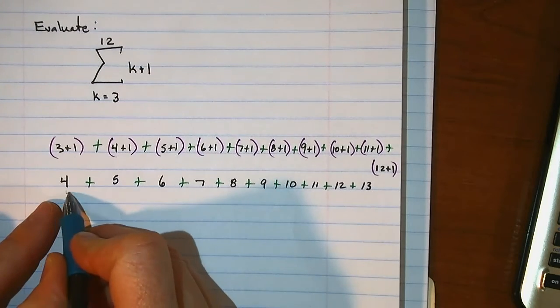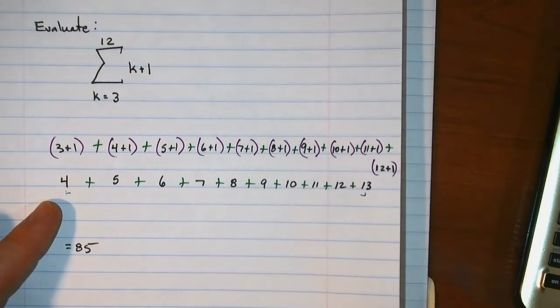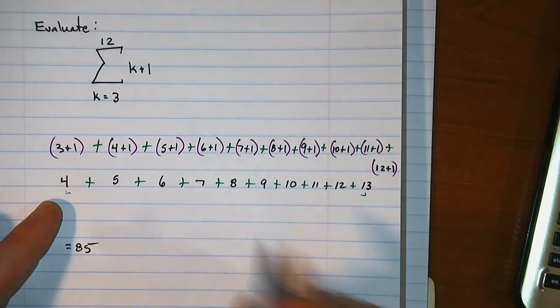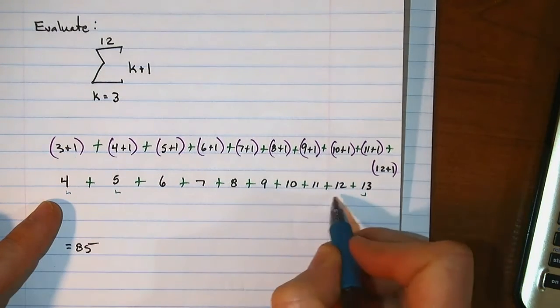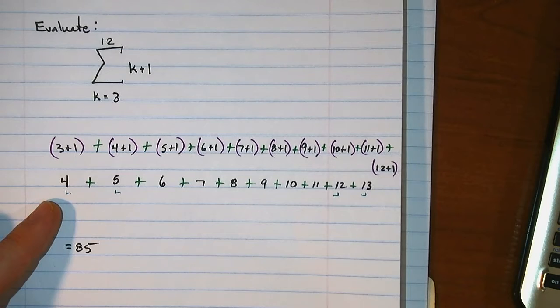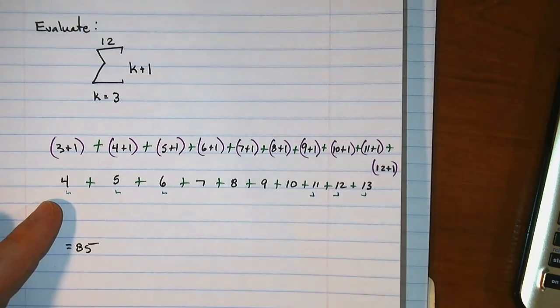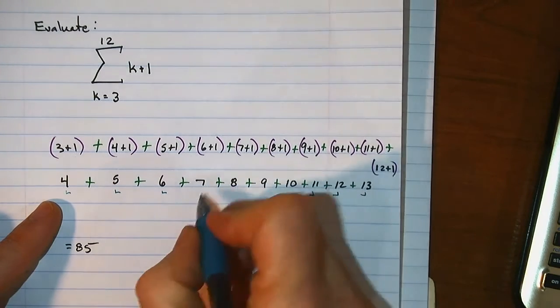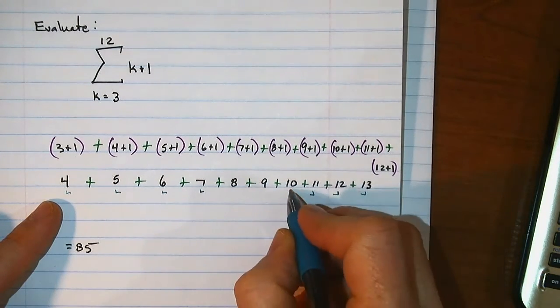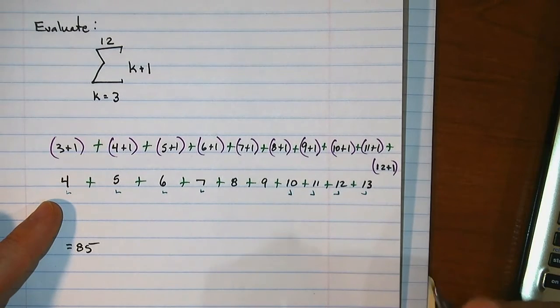Notice if I did a 4 plus 13, that's equal to 17. And if I did a 5 plus 12, whoa, that also equals 17. And 6 plus 11, that also equals 17. And 7 plus 10, that equals 17.